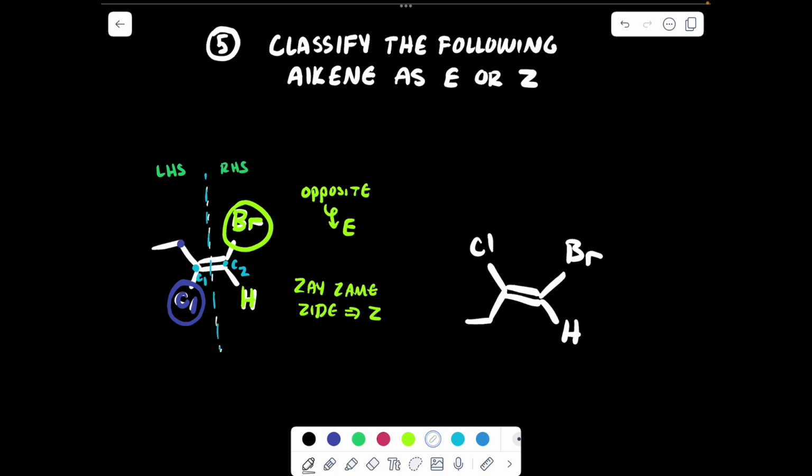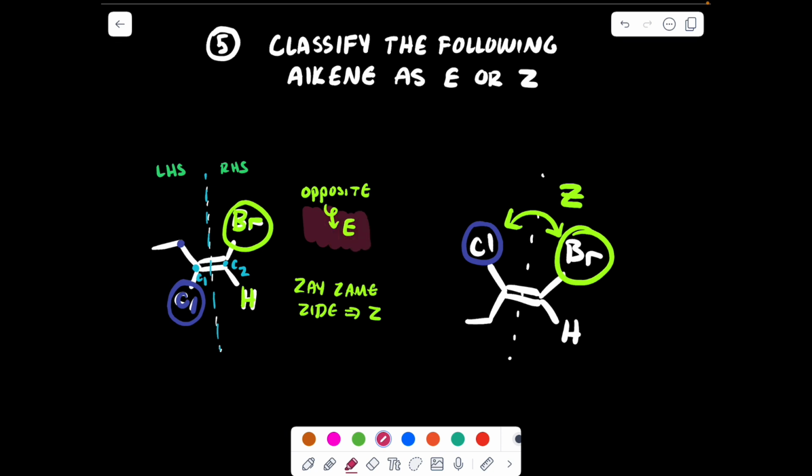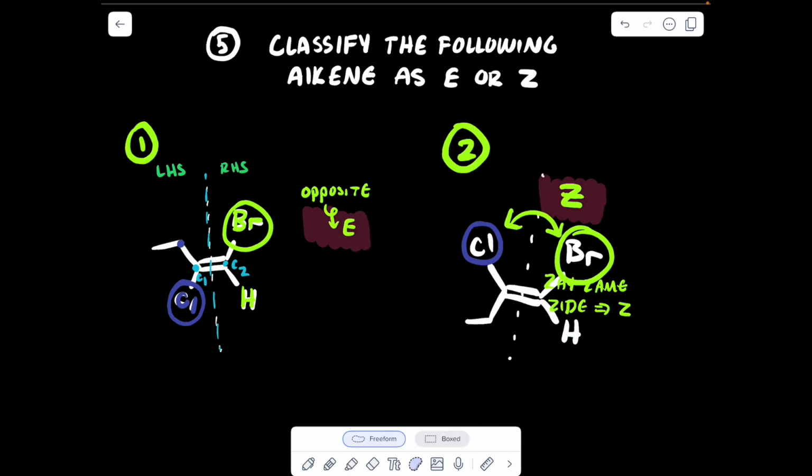You go through the same procedure of chopping the double bond in half, and then figuring out which group wins on each side. Here the chlorine would win on the left-hand side, and the bromine would win on the right-hand side. Therefore, now these are on the same side, so this would be Z. So structure number 1, this is E, and structure number 2, this is Z. That is it.